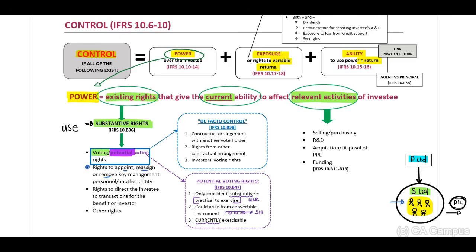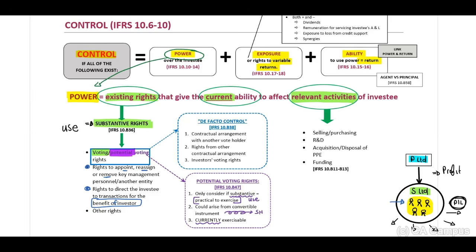Then, right to direct the investee to transactions for the benefit of the investor. If you look at the right side, P Limited wants to be able to direct which decisions we need to make to be able to benefit P Limited, be able to receive a profit from this investment, a dividend.